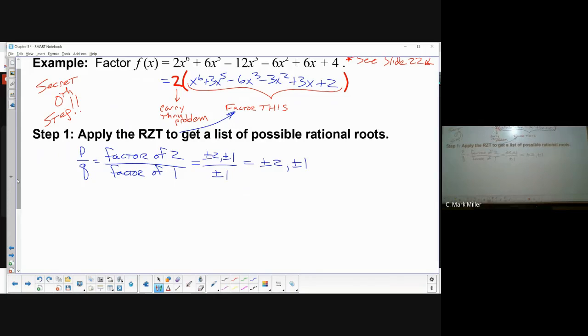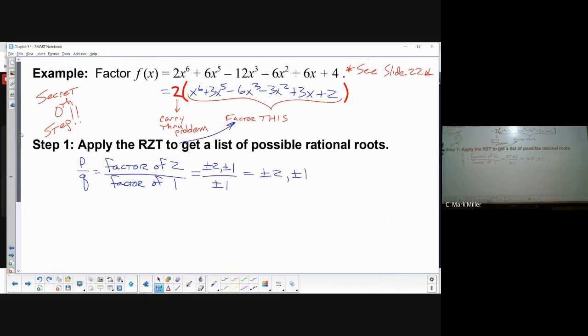Let's suppose you didn't do the secret first step, and you're working with this original problem. What would this look like? Well, instead of the constant term being 2, in the original problem it was a 4.